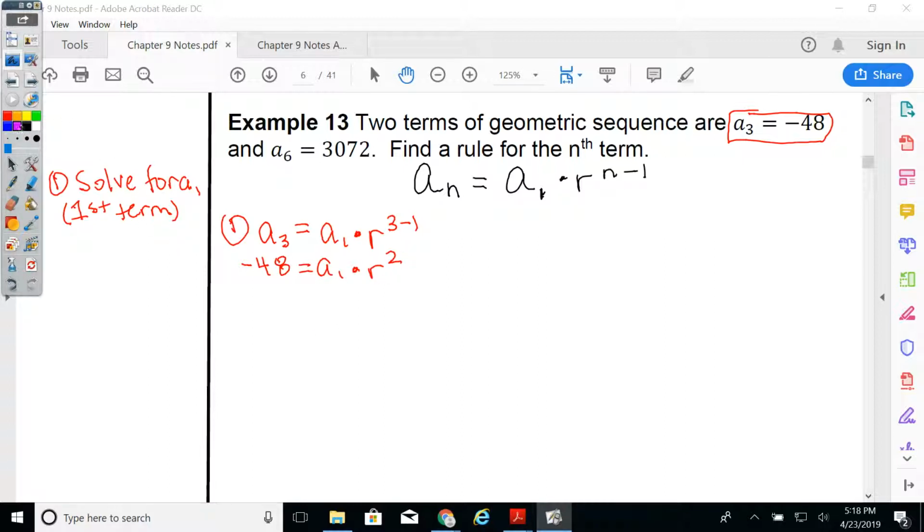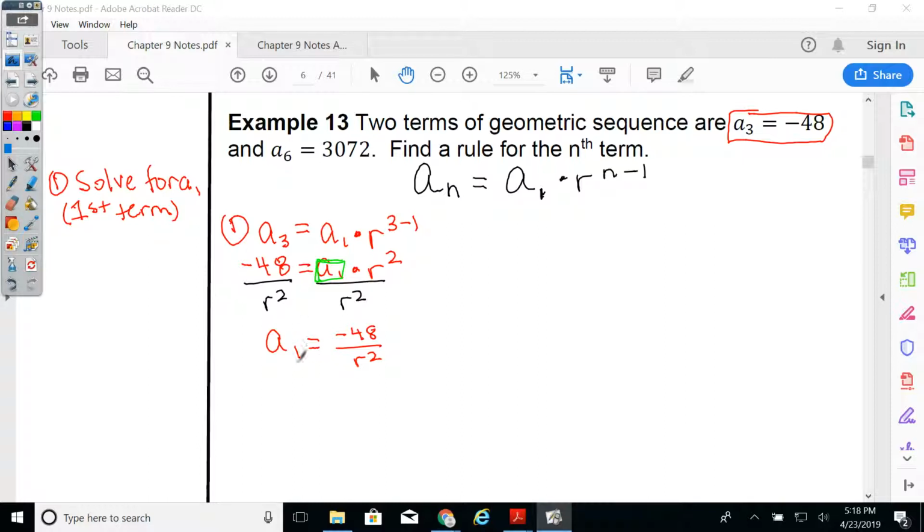So again, the goal here is to get a1 by itself. So to get a1 by itself, we just divide both sides by r squared. So a sub 1 equals negative 48 over r squared.